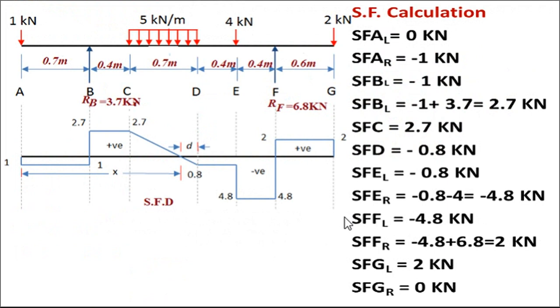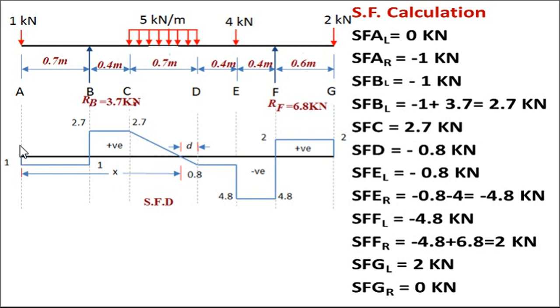After that, shear force diagram and their calculations. First of all, loading diagram is as shown, and exactly below this you have to draw the shear force diagram. So first of all, draw the horizontal line, and as per the loading you have to draw the shear forces above or below the horizontal line.